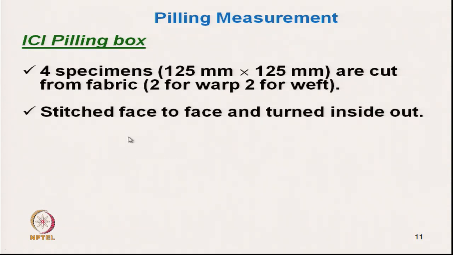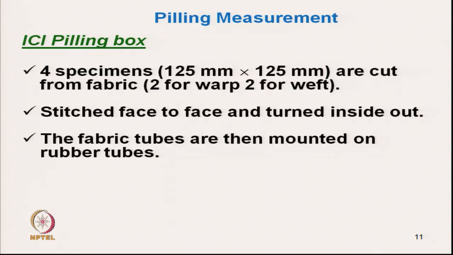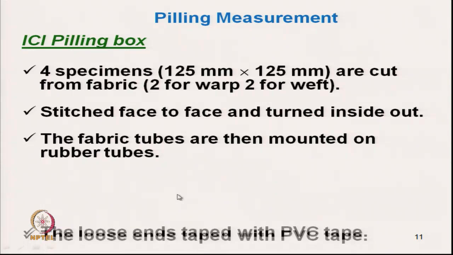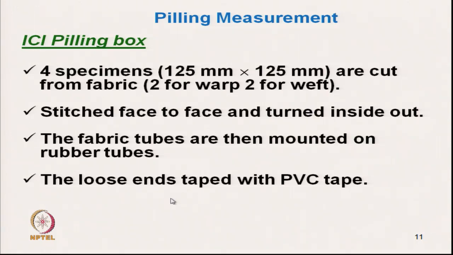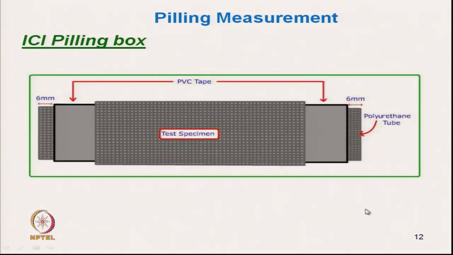They are stitched face to face and then turned inside out, so that the face comes out. Then the fabric is rolled into a tubular form and inserted through a rubber tube. The loose ends are taped with PVC tape, like this.